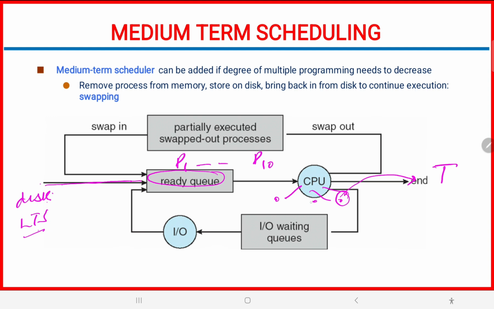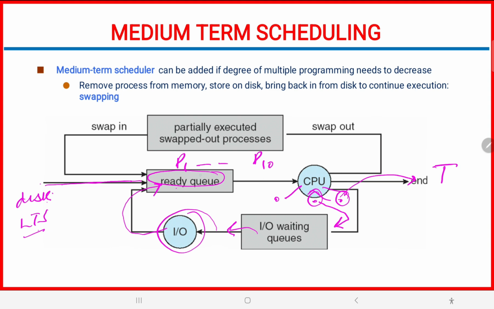But in case a process needs to perform some IO activity, that process is shifted onto the IO waiting queue, where it performs its IO activity, and then is switched from the IO queue onto the ready queue again. Here the process is again waiting for the CPU to complete its remaining execution.